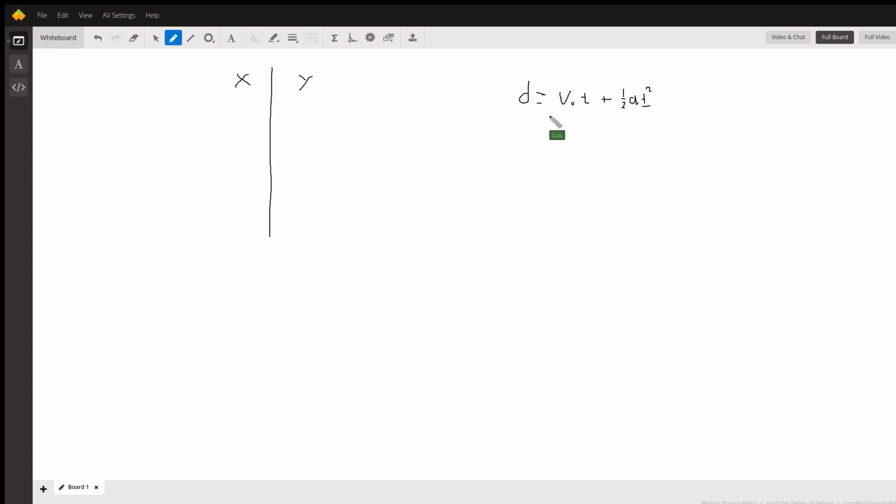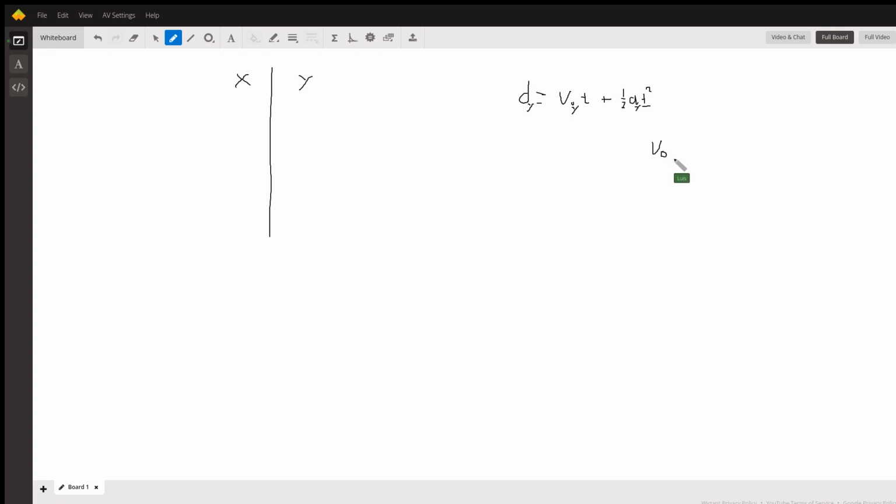Since we're solving for time and using the vertical components, I usually put a vertical subscript on every single variable, and I put a vertical one on a. So we know it's dy equals v naught y times time plus 1/2 a t squared. Now v naught is your beginning, and the beginning in the horizontal is different, that's the x.